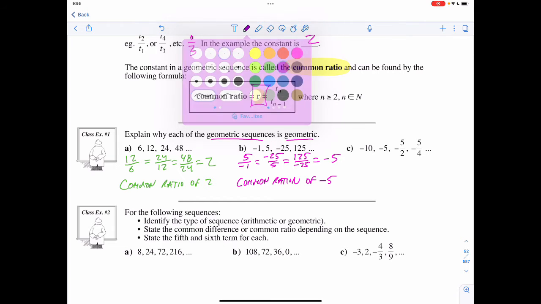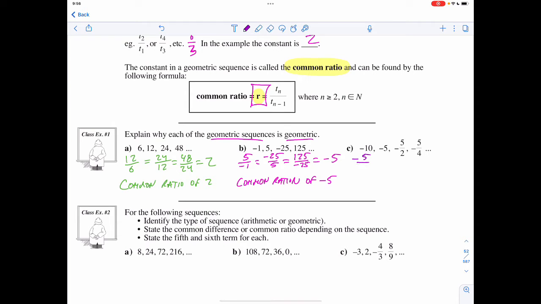The same principle holds true with example C. If I take -5 divided by -10, that's the same as -5/2 divided by -5, which is the same as -5/4 divided by -5/2.